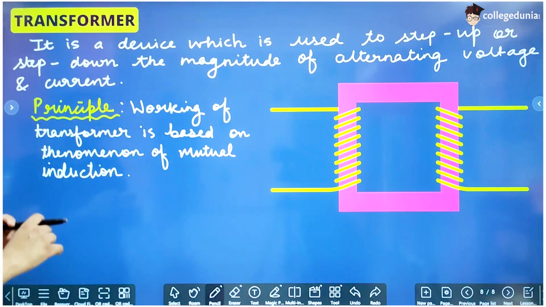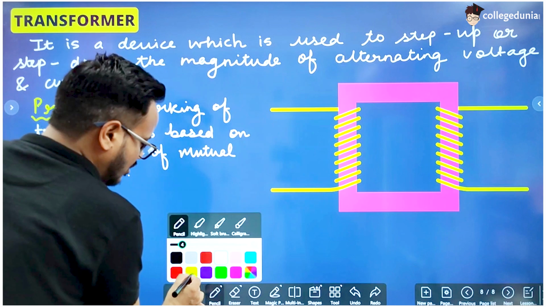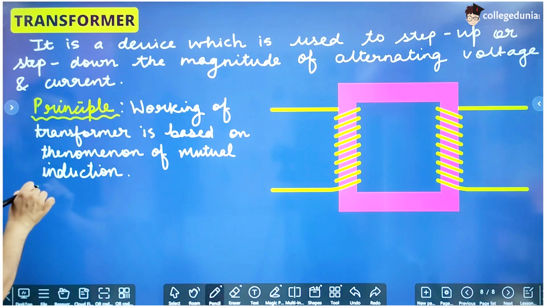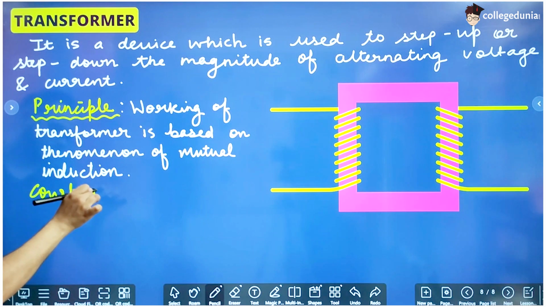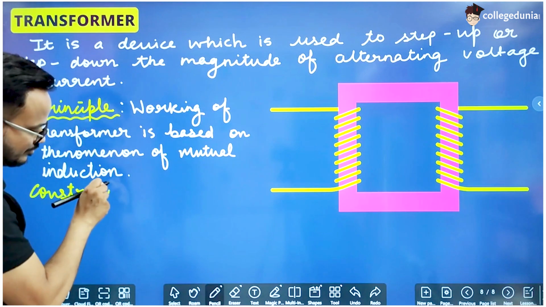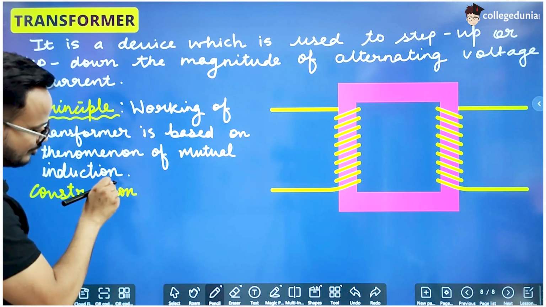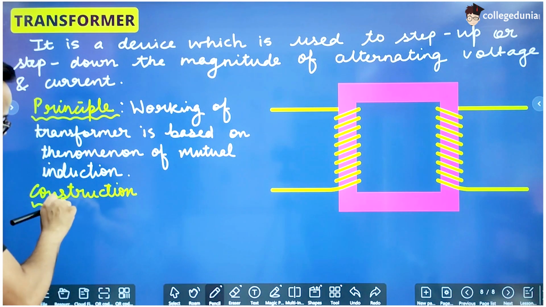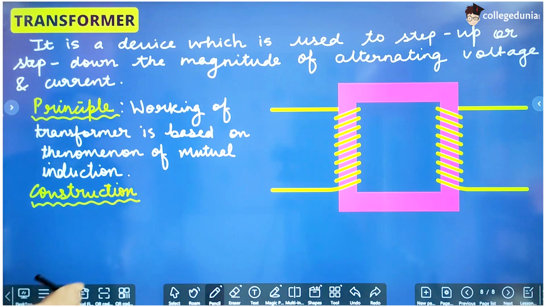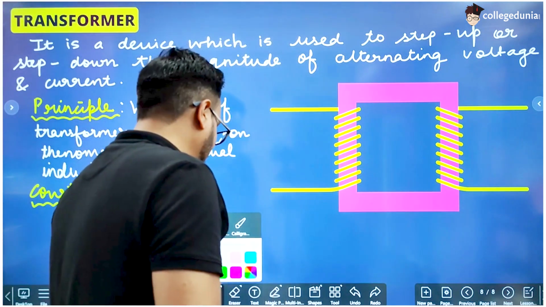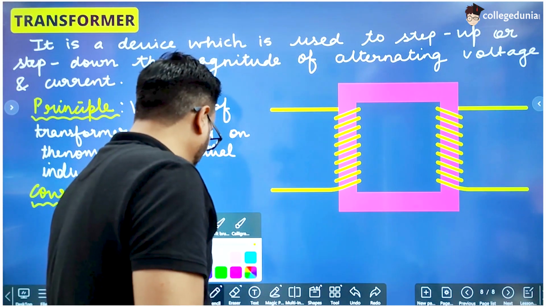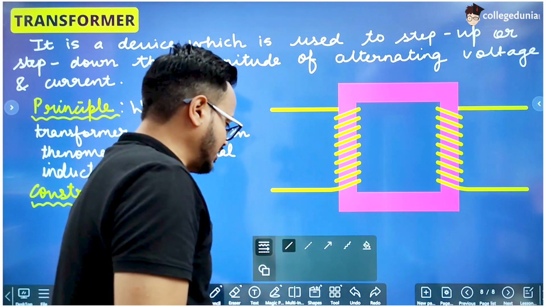So in the construction of transformer, here we have two coils, right? One is called the primary coil and the other one is called the secondary coil.